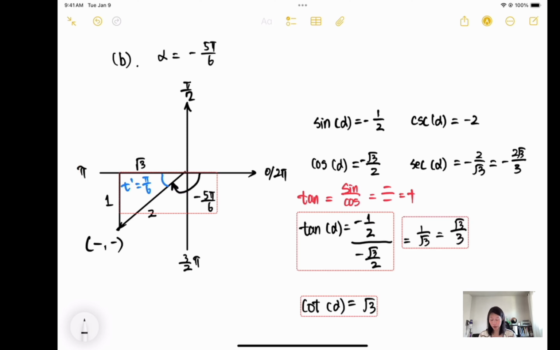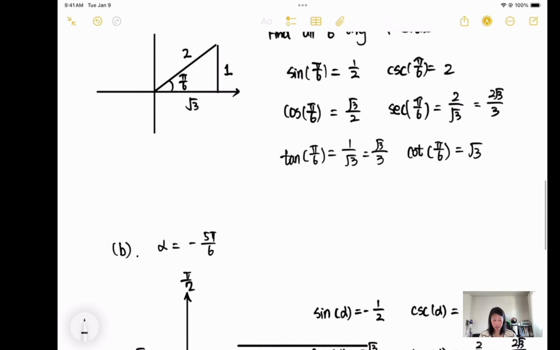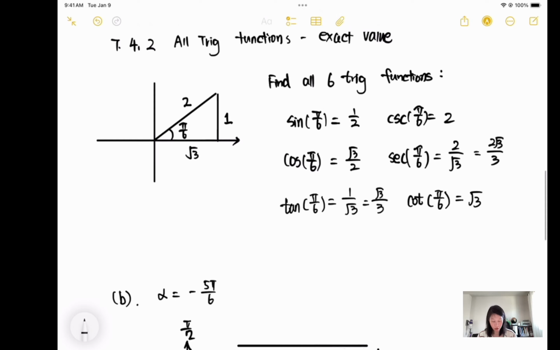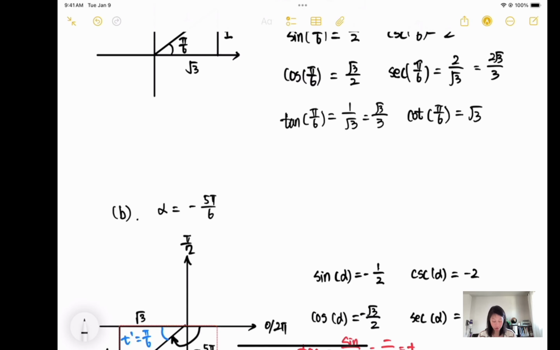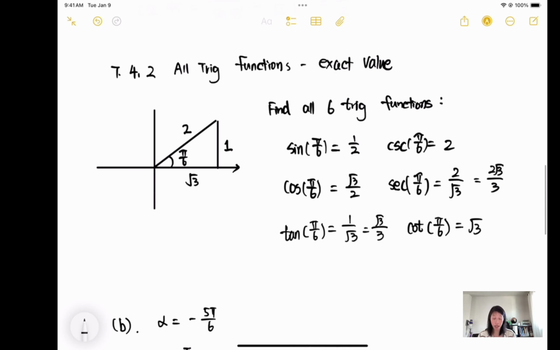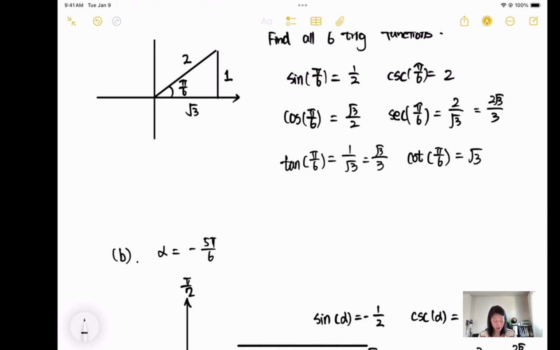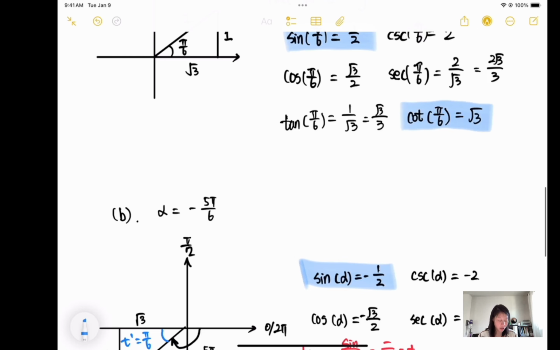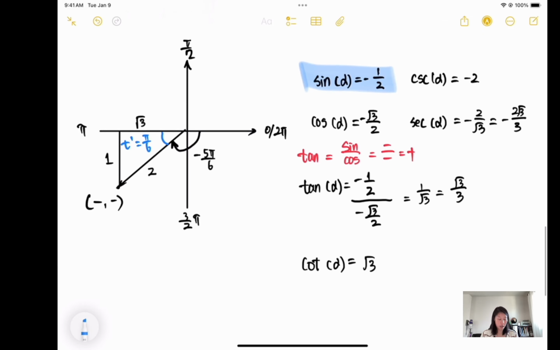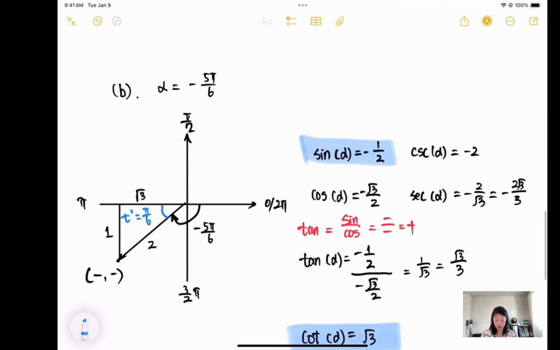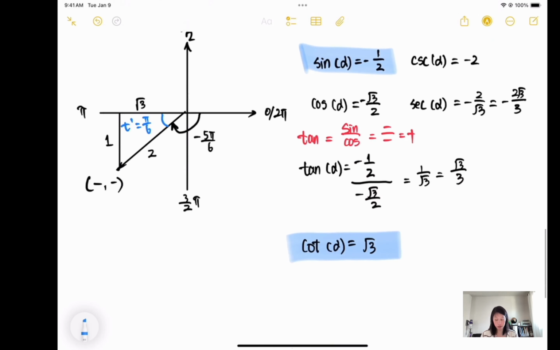So let's compare B and A, and see what's going on. As you can see, the reference angle of B is the angle in A, right? Take sine pi over 6 and sine alpha: the value is the same except the sign is negative. Let's compare another one, such as cotangent. Cotangent pi over 6 and cotangent alpha are the same, square root of 3.